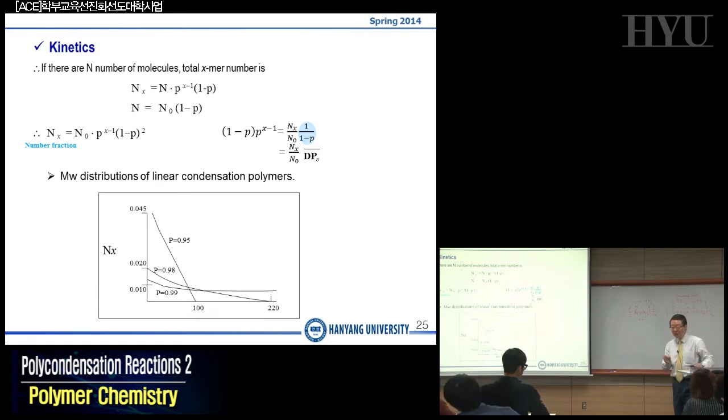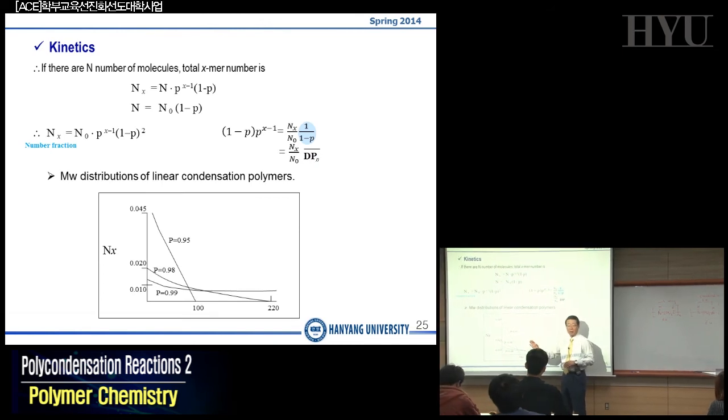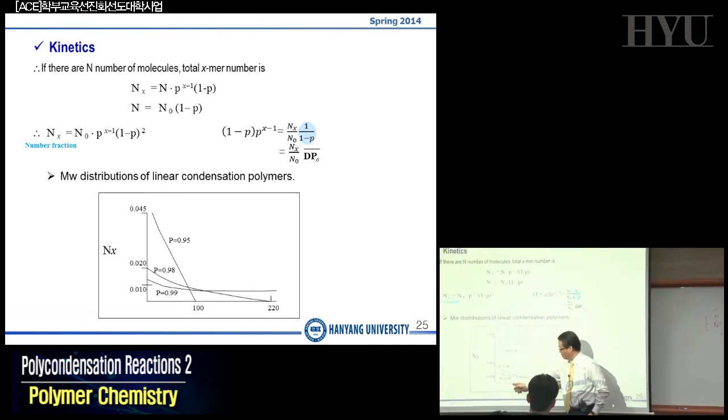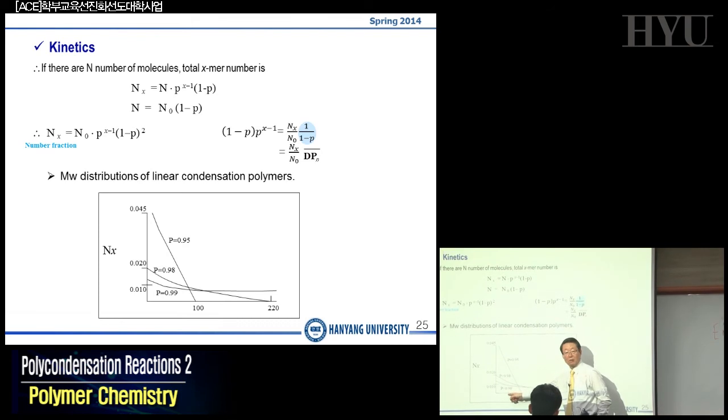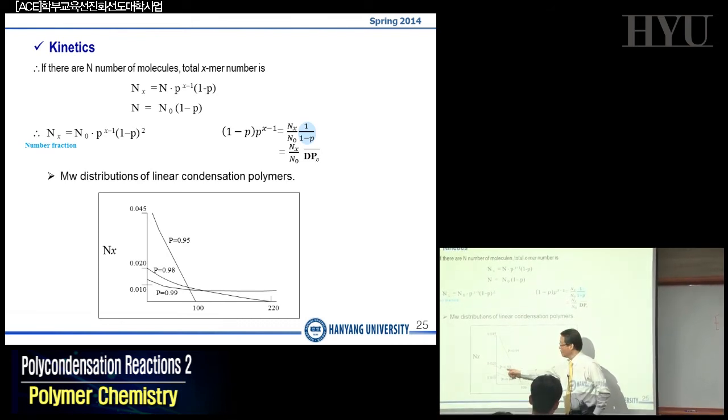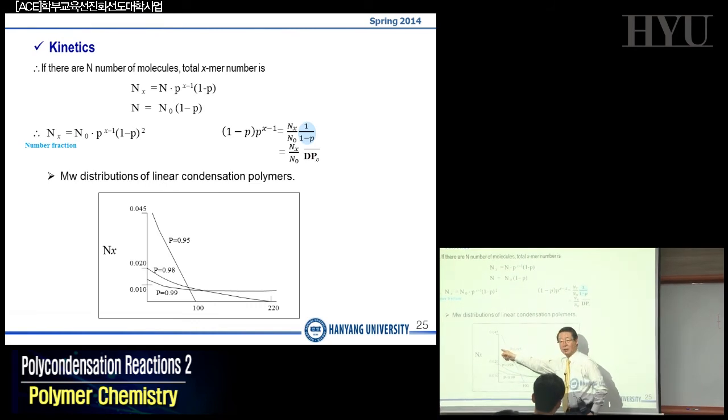Now this looks very complicated, but it's not that complicated. If the extent of reaction is low, your molecular weight is quite low. Small molecular weight components can be found in large numbers, but high molecular weight components are quite few.